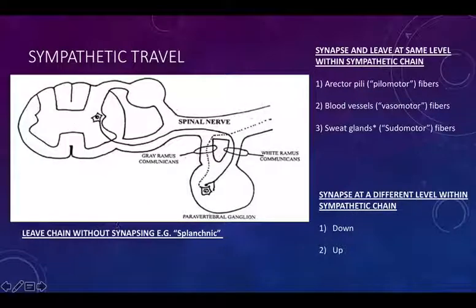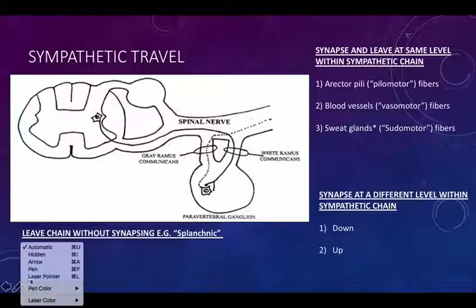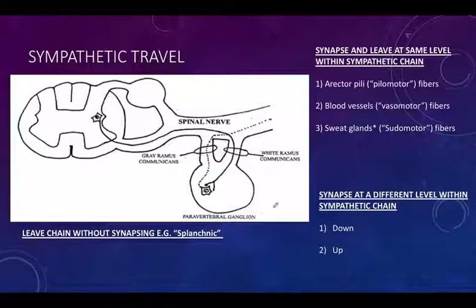Okay, sympathetic travel. I wanted to introduce you to this concept because you'll see it next semester in anatomy. Sympathetic travel can get very complicated. It's like a highway. It can exit at exit 1 or exit 15 or stay on the highway. There are a lot of options, and almost any option is an option for sympathetic travel.